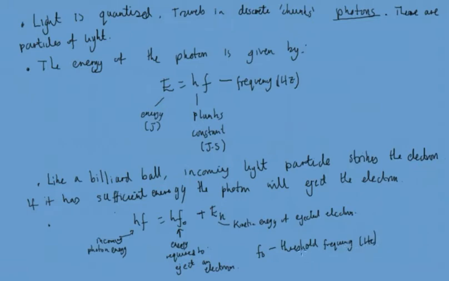So this is the minimum frequency of radiation that's required to eject that electron. Now if you give it light with a higher frequency, i.e. more energy, that extra energy is going to go into the kinetic energy of the ejected electron.